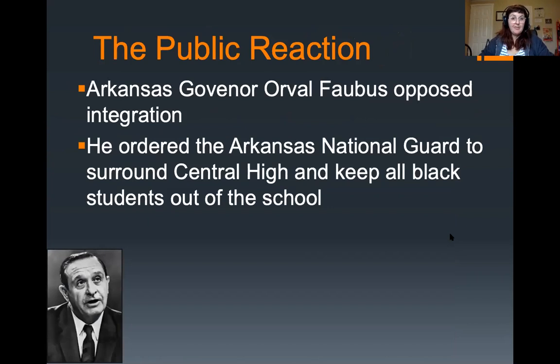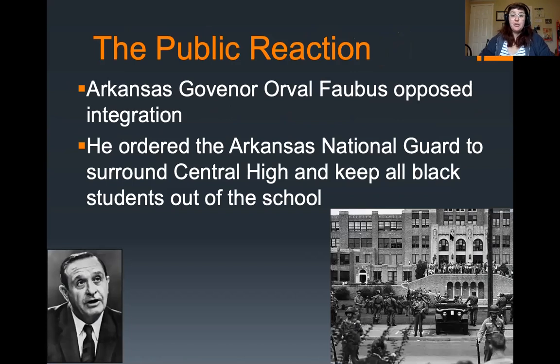And the Arkansas governor, whose name is Orval Faubus, basically says no, right? And he calls up the Arkansas National Guard to actually surround Central High School and keep out the 9 Black students, right? So literally he's using the army to stop integration. That's how strongly he felt about this.